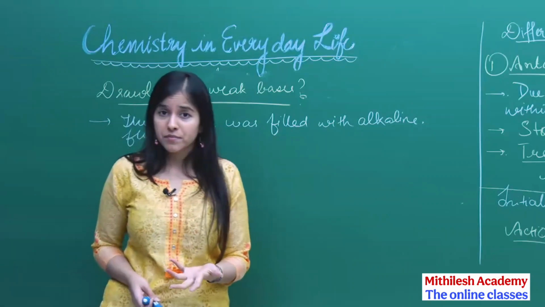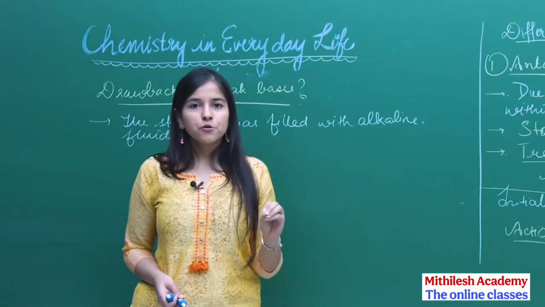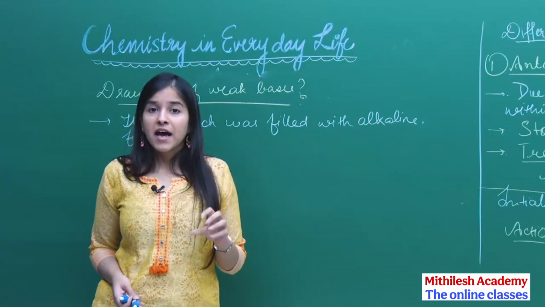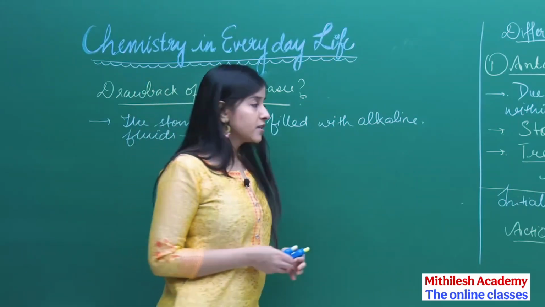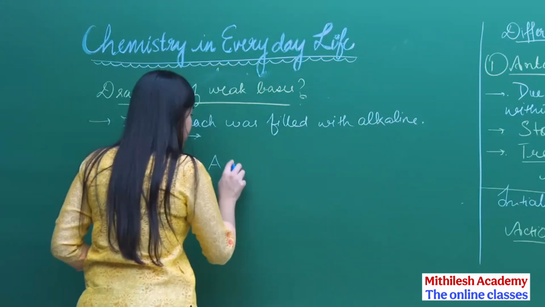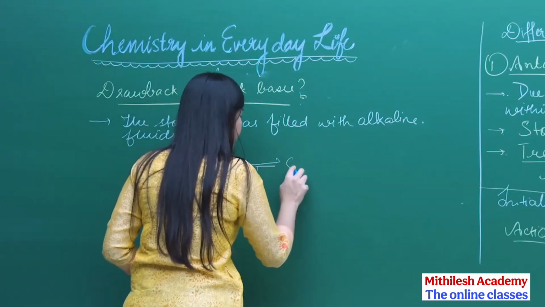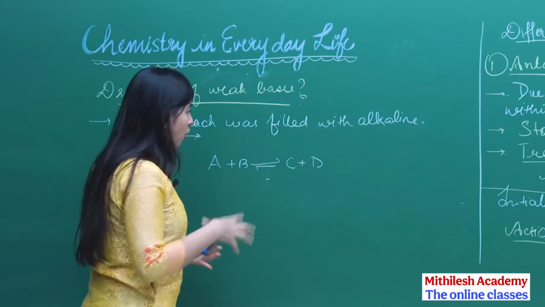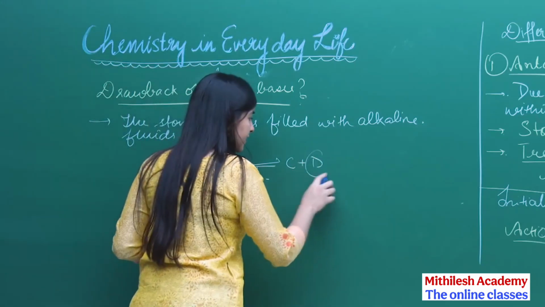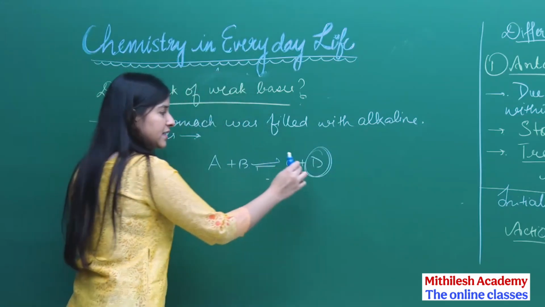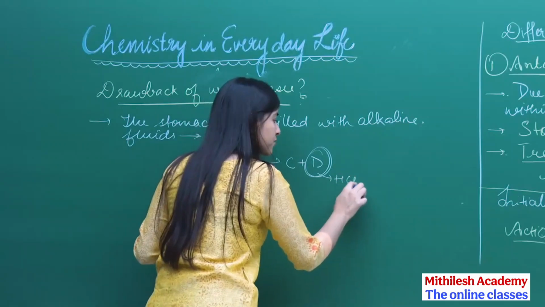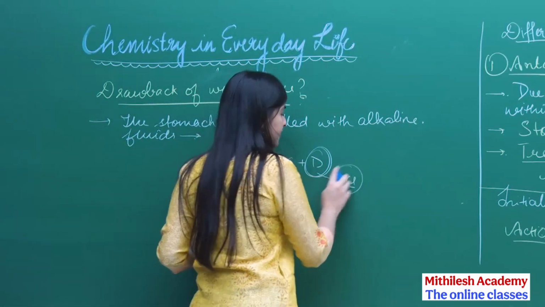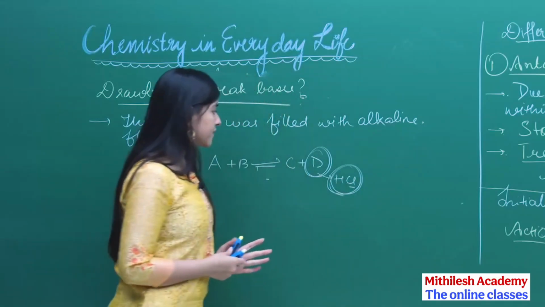Whenever within an equilibrium reaction we try to affect it somehow, let us just have this kind of a reaction, and let us say this is the HCl that has been produced within our stomach. If I try to neutralize this HCl, what will happen?